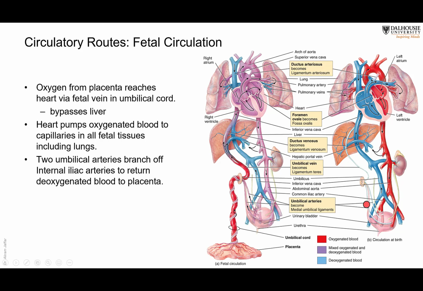So the umbilical arteries here carry deoxygenated blood from the fetus to the mother, while the umbilical vein carries oxygenated blood from the umbilicus to the fetus.